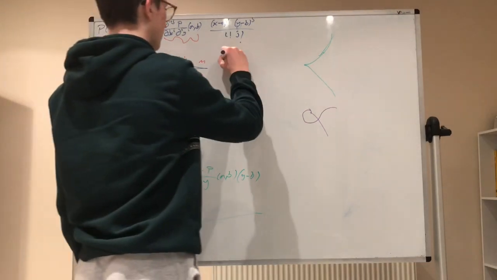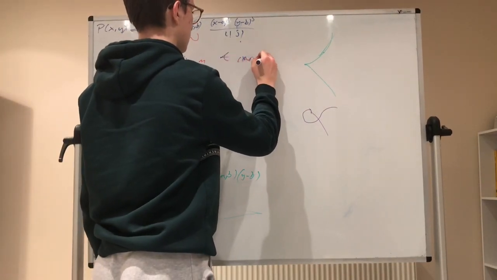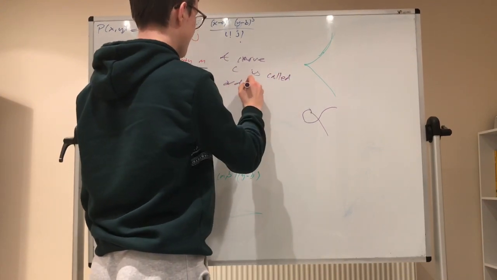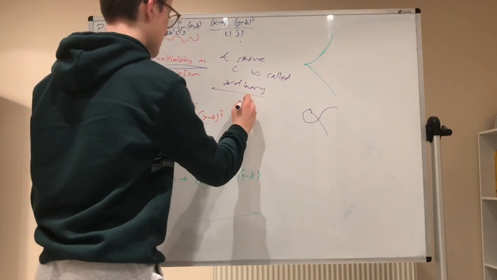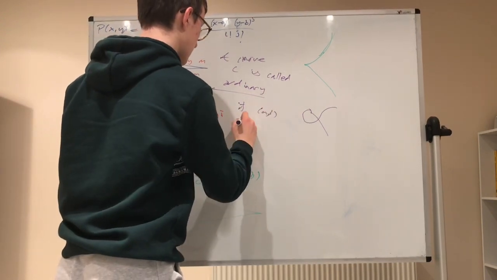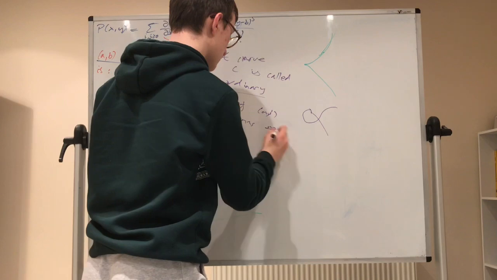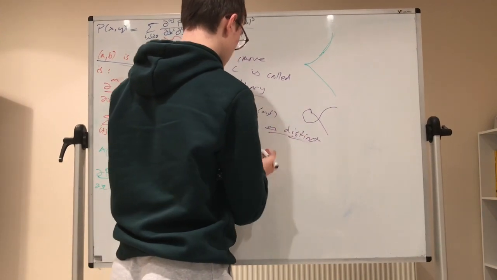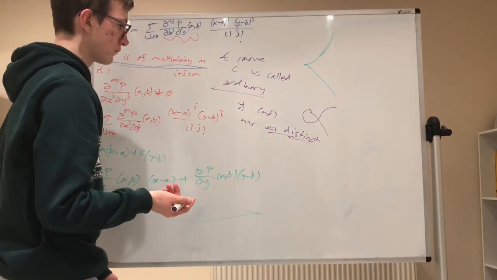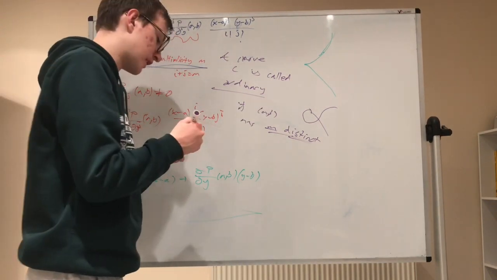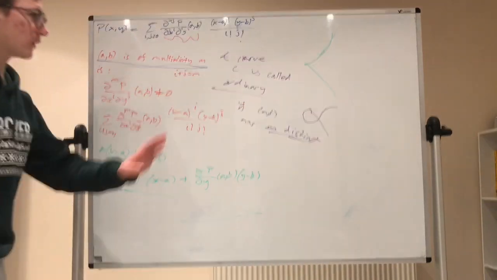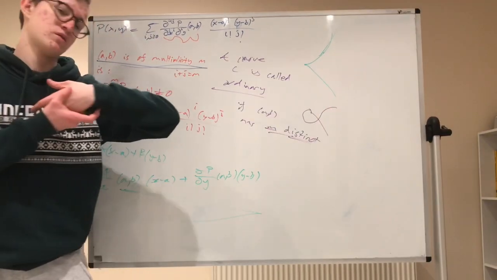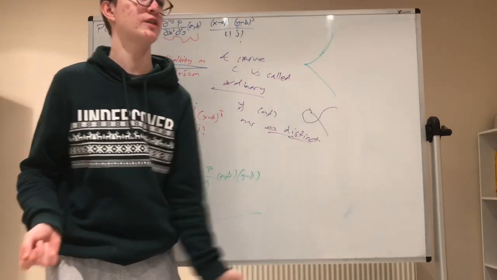Anyway, a curve C is called ordinary if (a, b) has m distinct tangent lines to it. So this is not ordinary, this is ordinary. They both have double points.